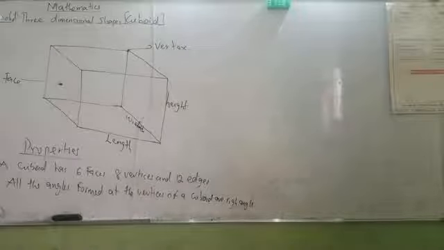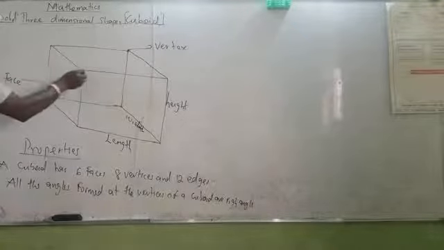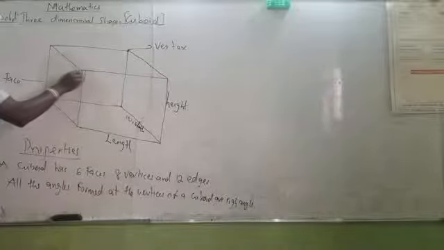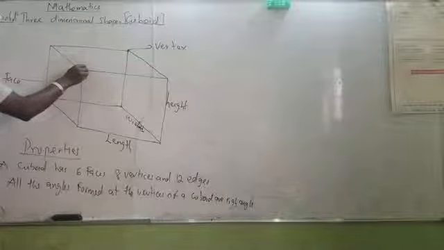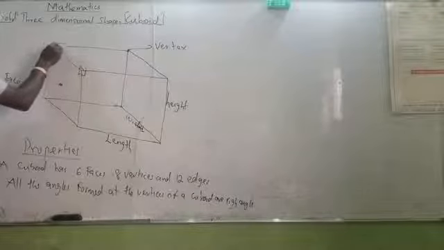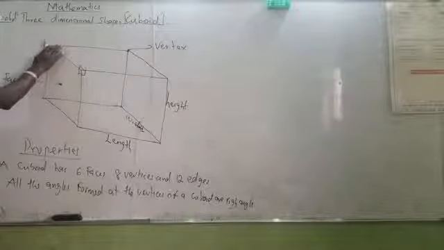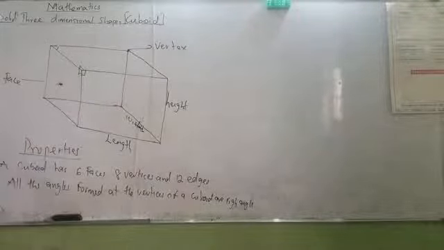Can you see? Look at this. All the angles formed there, these are the vertices. Right angles. That is what I'm trying to say. The angles formed on the vertices are right angles.